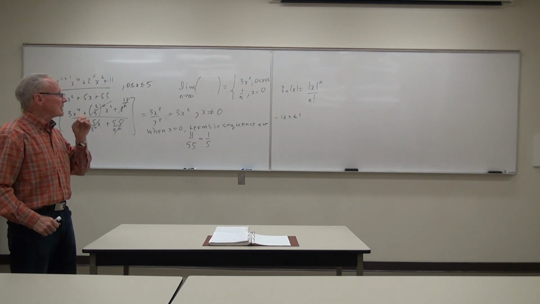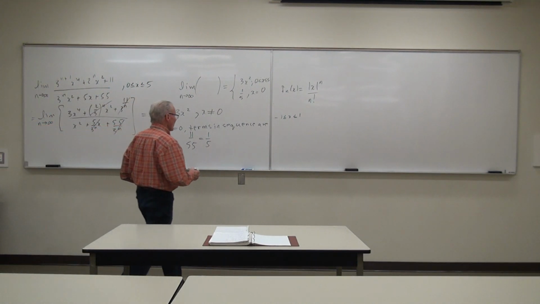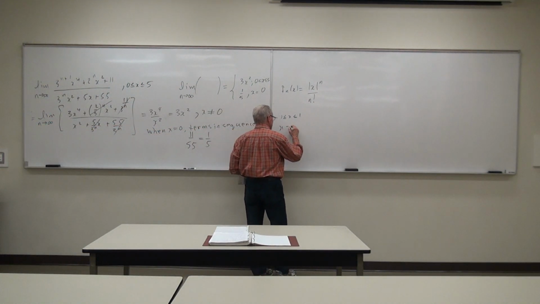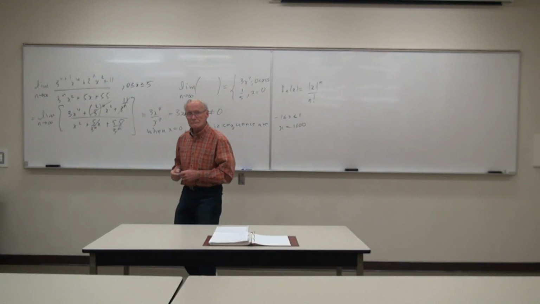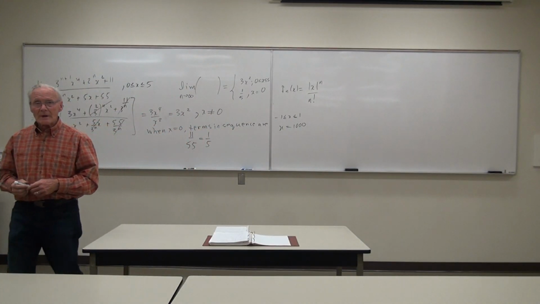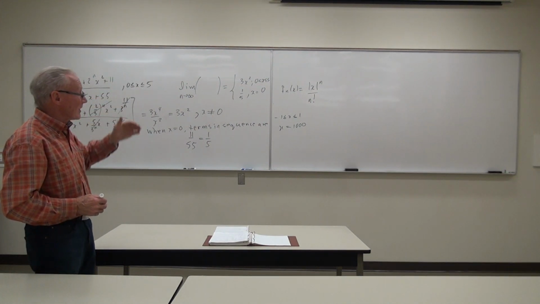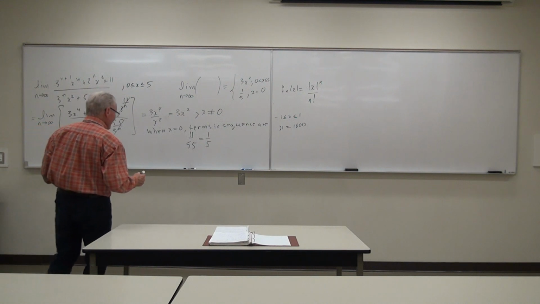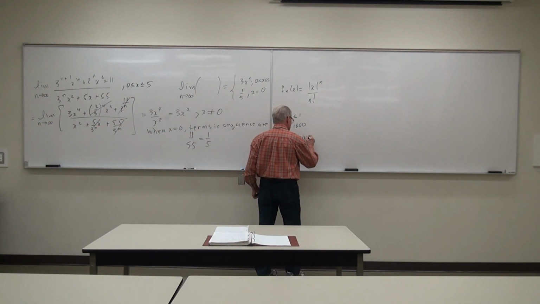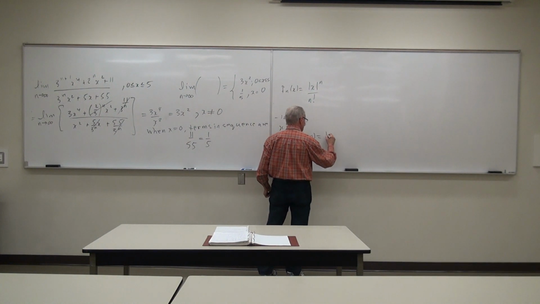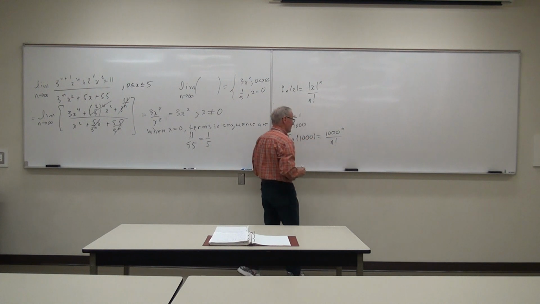But what if x is bigger than 1 or less than -1? For instance, suppose x is equal to 1,000. This is the sequence of numbers that you produce by putting in x equal 1,000. You have 1,000 to the n, so Fn of 1,000 is equal to 1,000 to the n over n factorial.